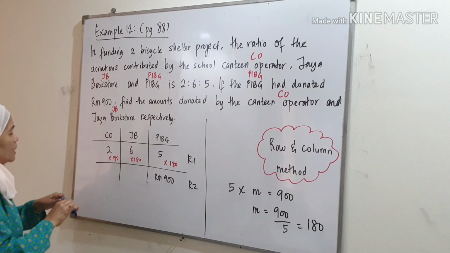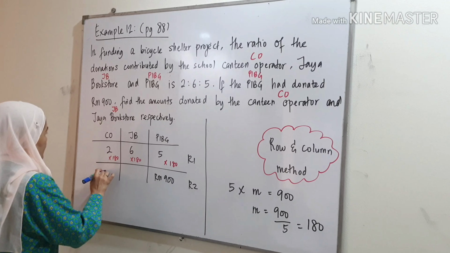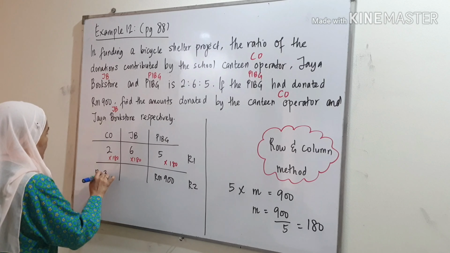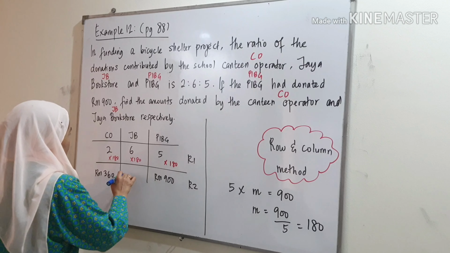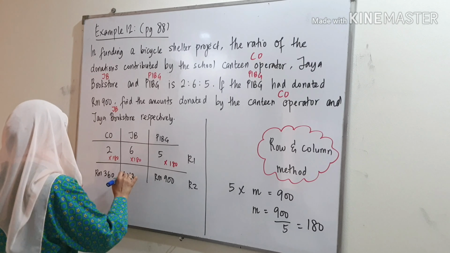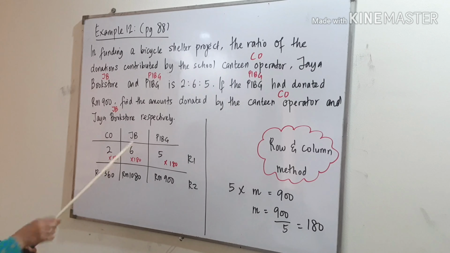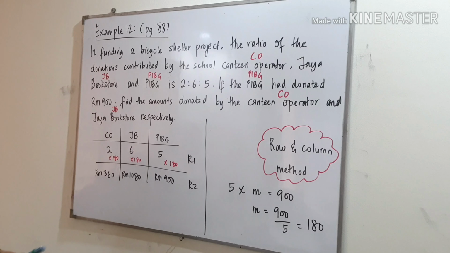So for this column is 3, RM 360. Okay, 6 times 180, RM 1080. Okay, look at the question. Find the amounts donated by the canteen operator and Jaya Bookstore respectively. So we can write the final answer.